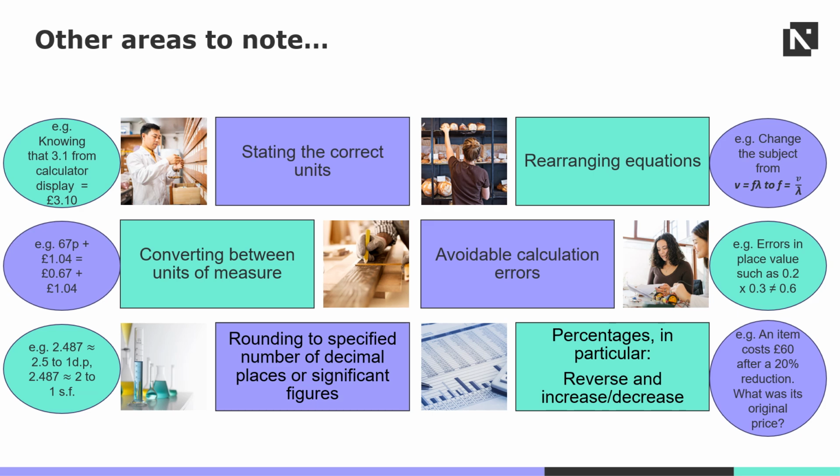And also increase and decrease questions. So, what was the percentage increase of an item? They're all areas worth spending a little bit of time on. Perhaps incorporate them into starter activities or into problem-solving contexts so that your students become familiar with seeing them in exam situations.